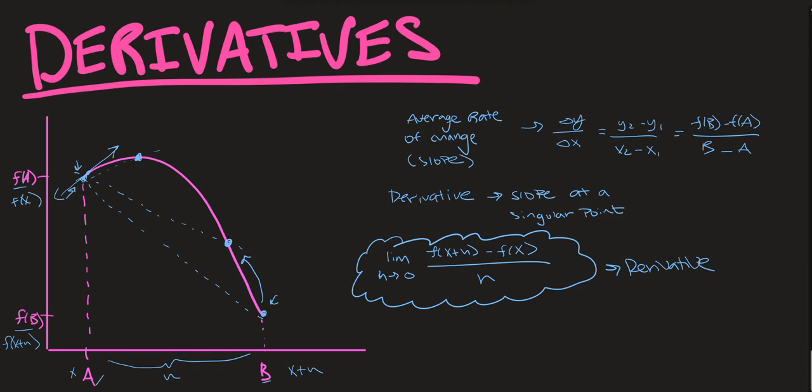And it gives us the slope at a singular point. You can also name it the instantaneous rate of change, rather than the average rate of change, because it's the instantaneous rate of change at a singular point.